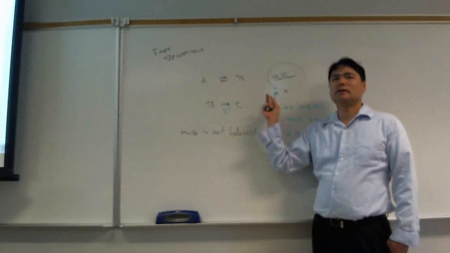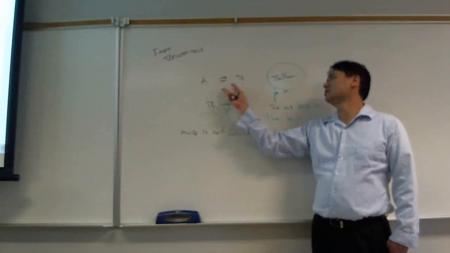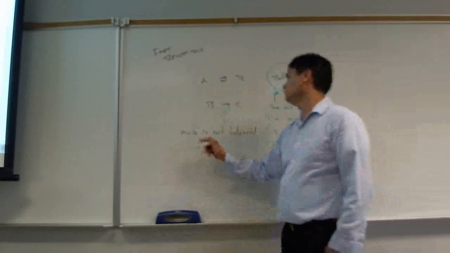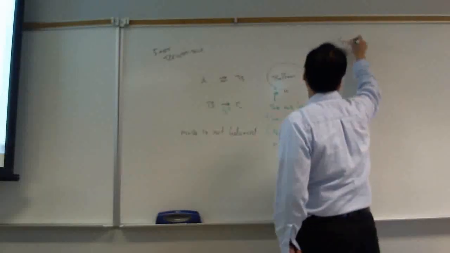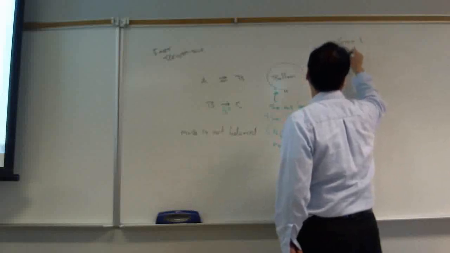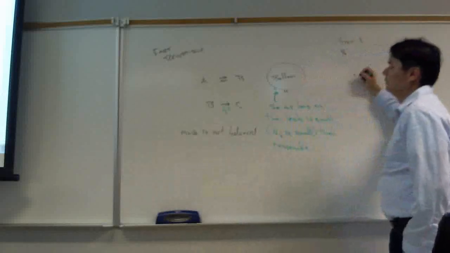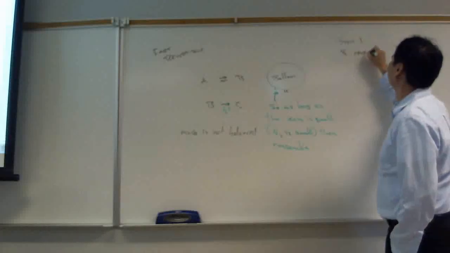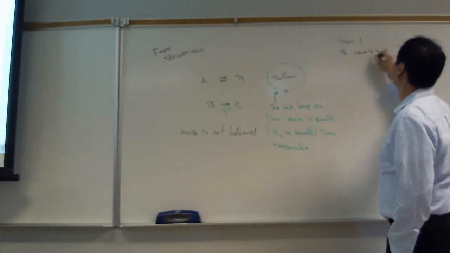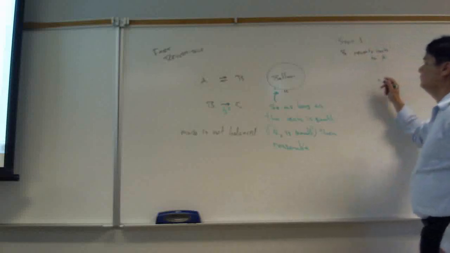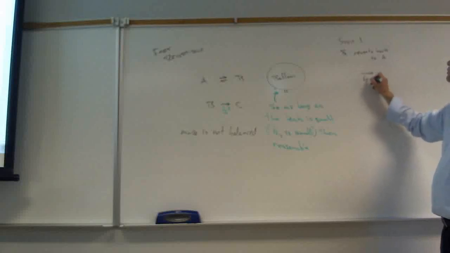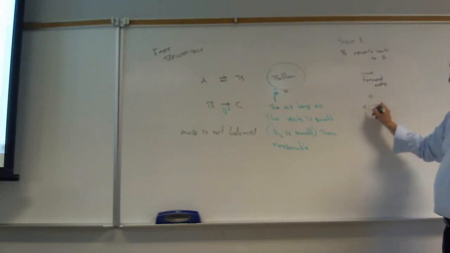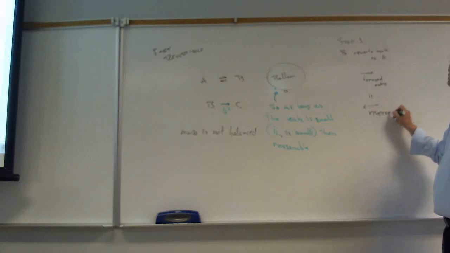And so when we do this, we're making the assumption that B in step one, B reverts back to A. That is all of the B, because the forward rate we made equal to the reverse rate.